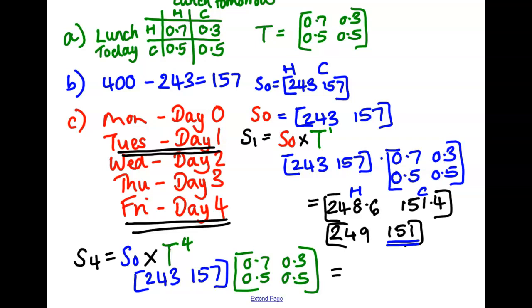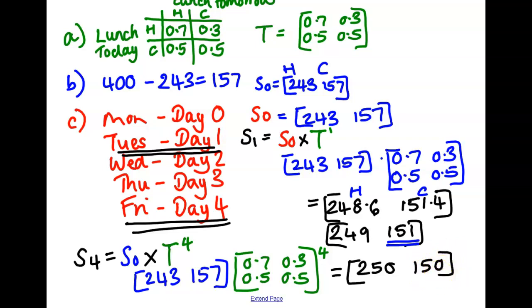Now, when I put this into my calculator, the key thing I need to make sure I remember is that I have my power 4 here. If I don't remember my power 4 at the end, it's going to give me the same answer that I got for Tuesday. I've put that into my calculator, and I've got heaps of decimal places, but I have got 249.988, so I'm going to write down 250, and then I've got 150.0112, so I'm going to write down 150 students.